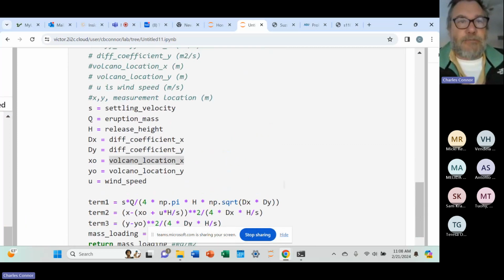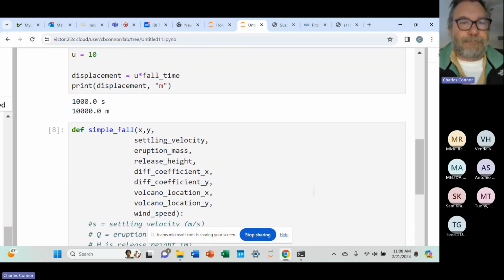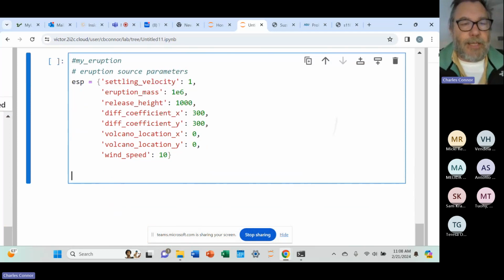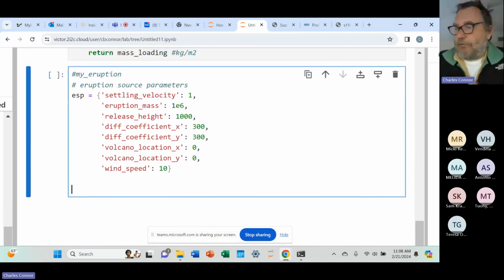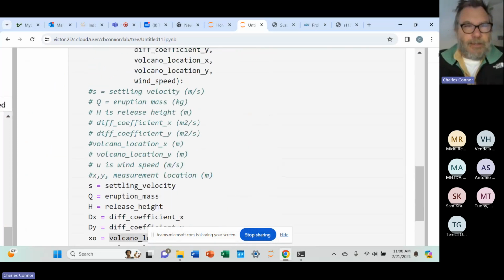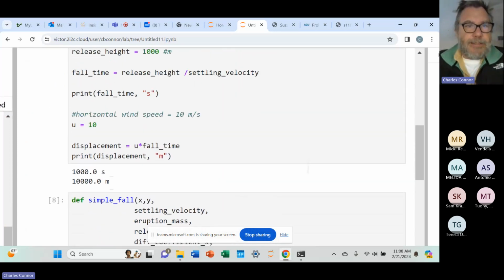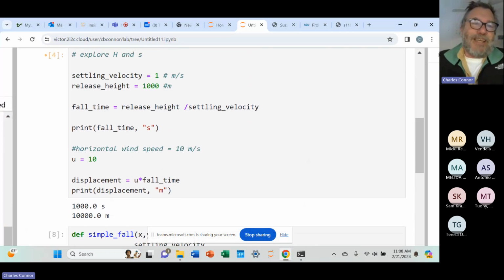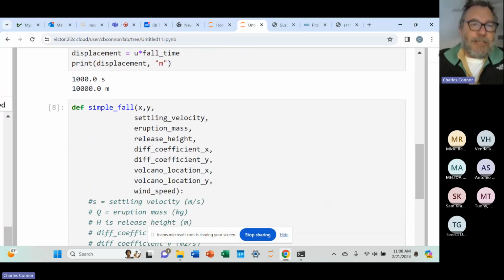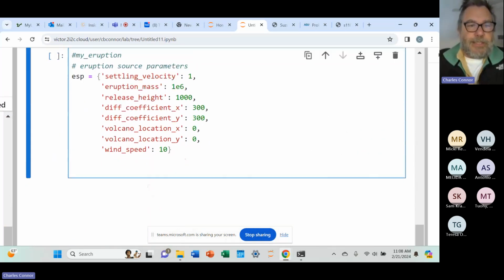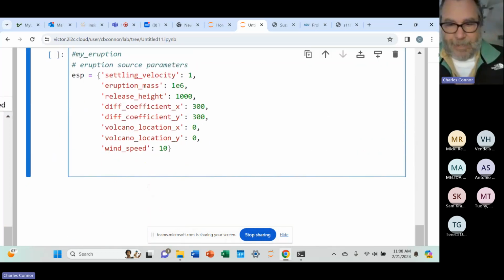Well, in order to call this function and see if it's working, I've got to pass it my x and y location. So we already did that calculation, I think I did it up here, that if it's got a settling speed of 1 meter per second and a release height of 1,000, then it should be displaced about 10,000 meters. So let's calculate x at that location.